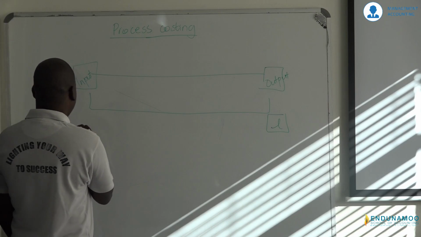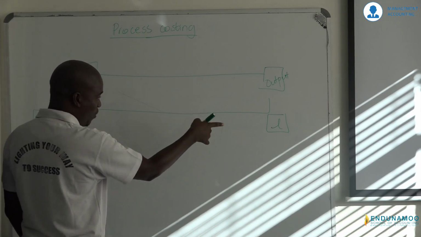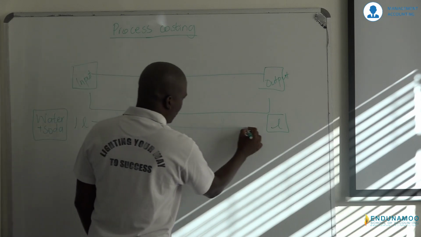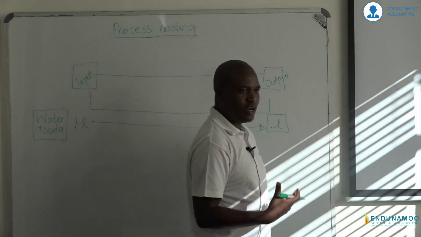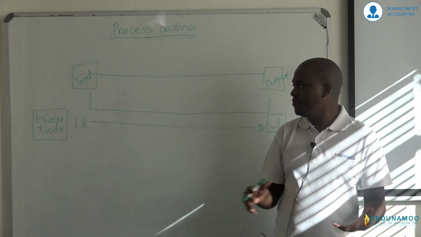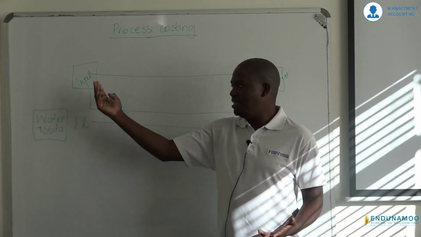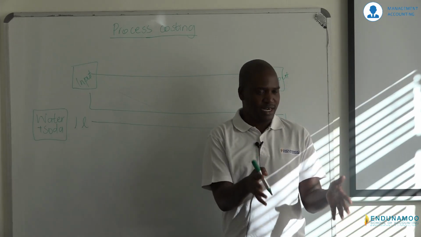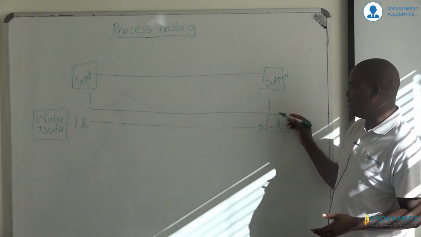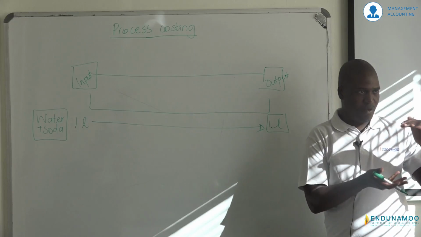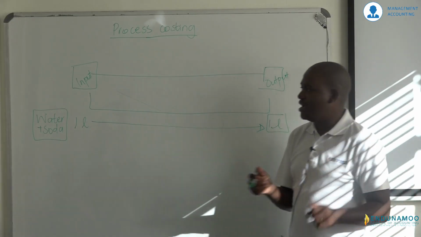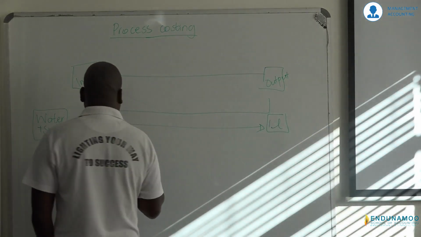For me to produce that 1 liter, I need 1 liter of input altogether. So I'll go buy, say, water of 800 milliliters and soda of 200 milliliters, mix them together, get 1 liter, and with that I get 1 liter of a bottle altogether. That's the basic scenario.